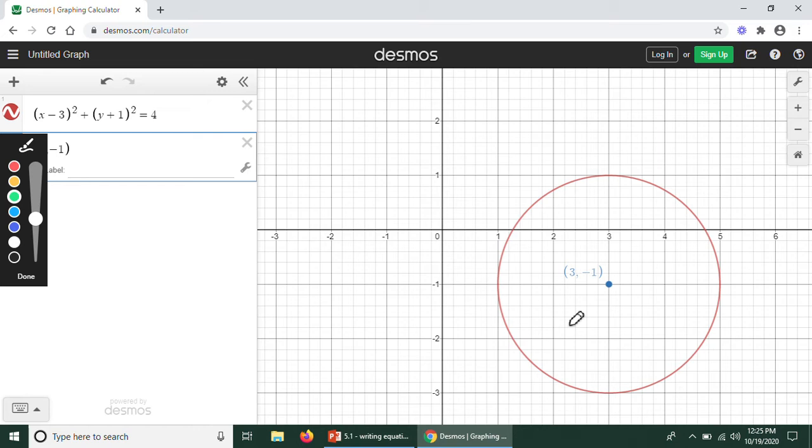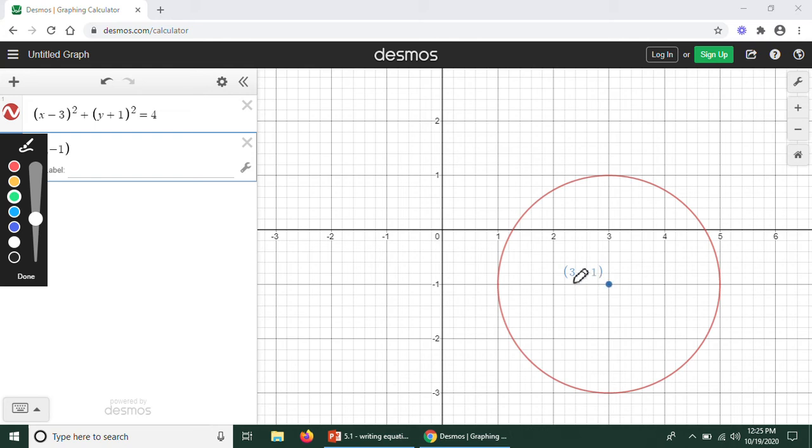Now, the coordinates of the center are 3, -1. Those are the coordinates for this point right here, which is the center.